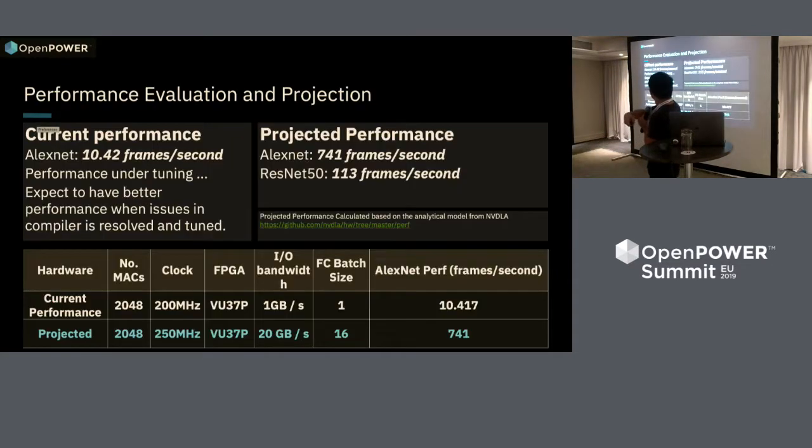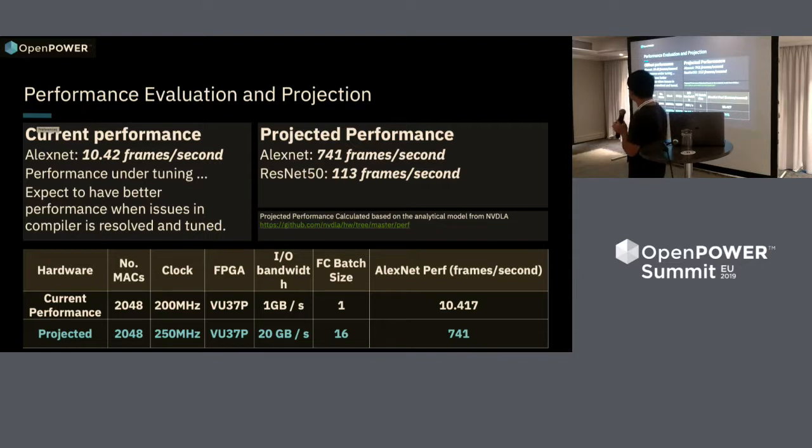Okay, so this is the performance, and right now the performance is still under tuning. The projected performance for AlexNet and ResNet 50 is shown here for the NVDLA. But right now in the real system, we cannot reach this kind of performance, because we are still working on the compiler settings.